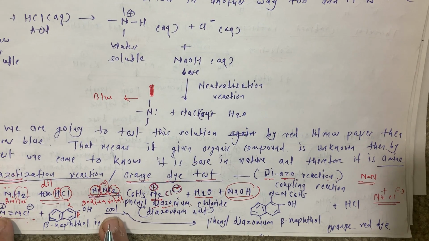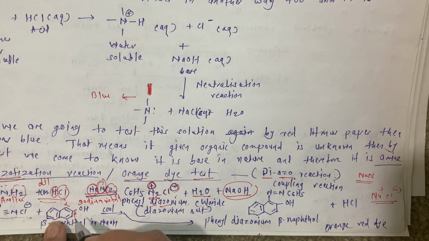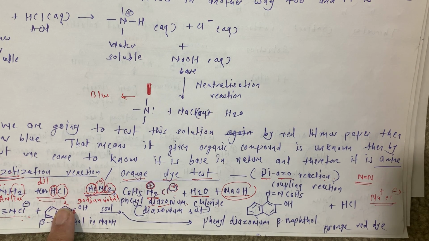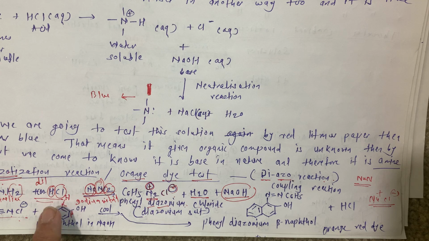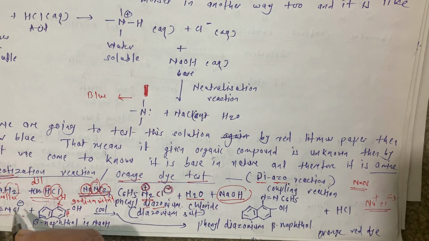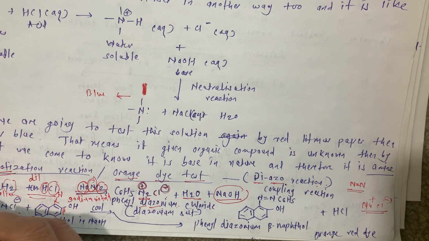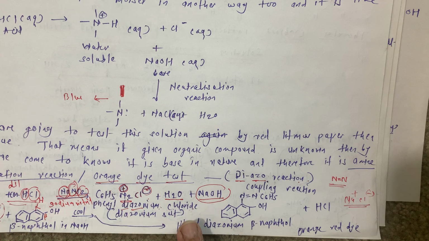See here. Here at the alpha position there is one H, and this H is substituted by the whole phenyl diazonium.